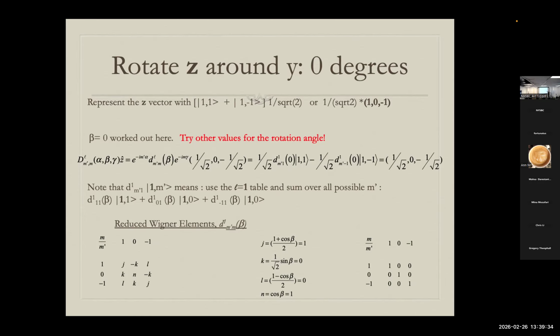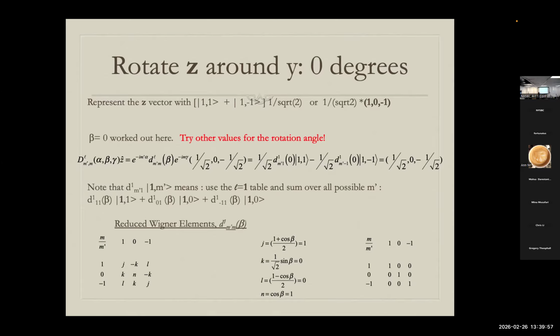In your resultant, you're asking, what is M? M is 1, and I need to add up these 3 components.